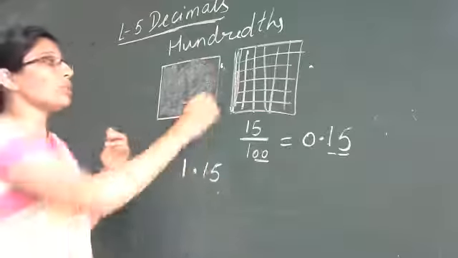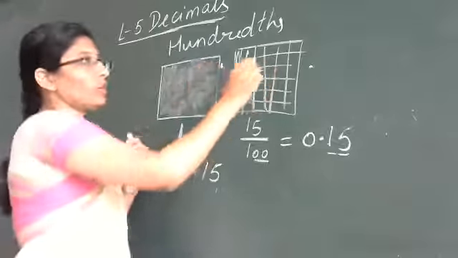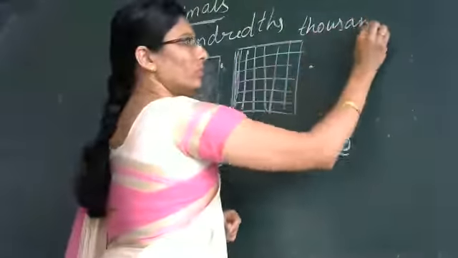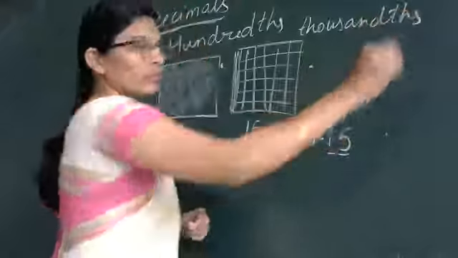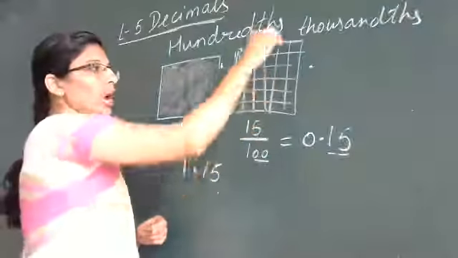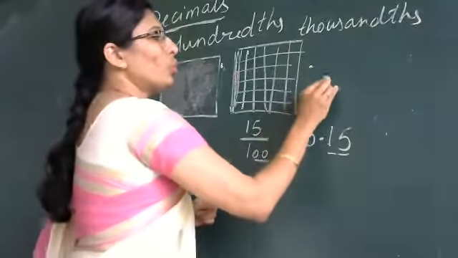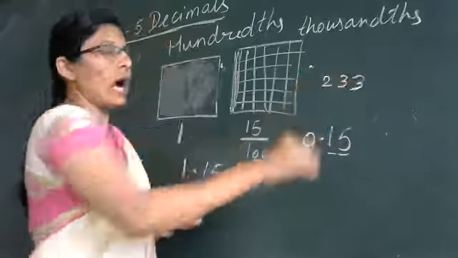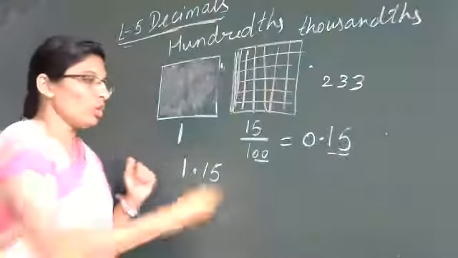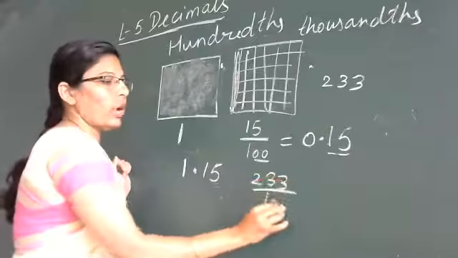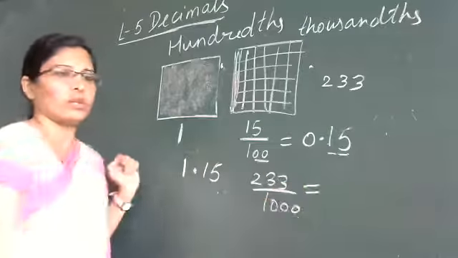Similarly, if 1,000 parts are made, and out of that, 233 are colored, what will be the fraction? 233 by 1,000.